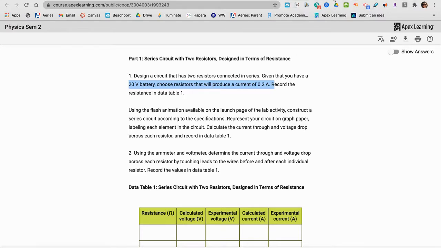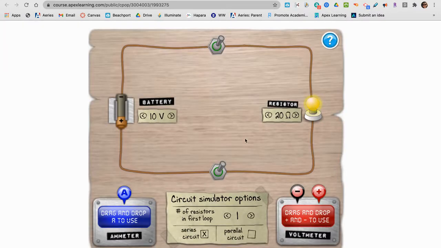So if we look at what we are given here, this is your resistor. You can change the resistance of the resistor. It goes as low as 20, but it can go higher. And the voltage of the battery can go lower and it can also go higher. So that's how you change that.